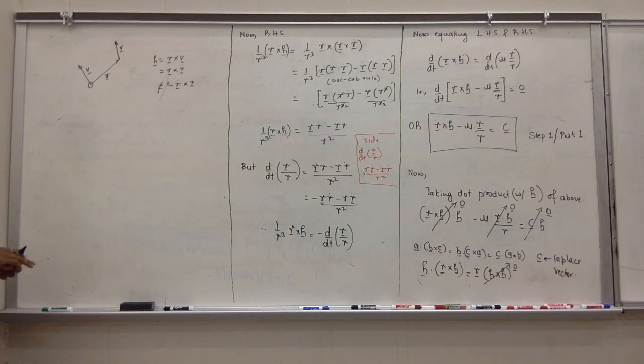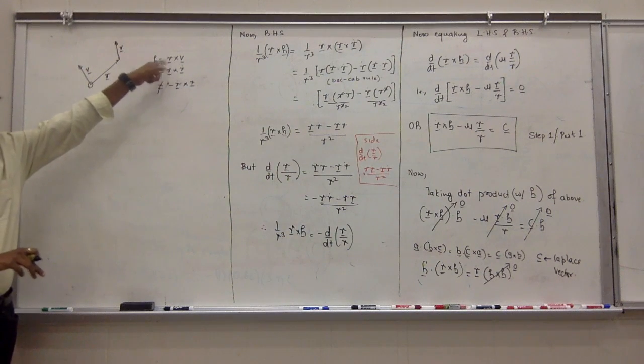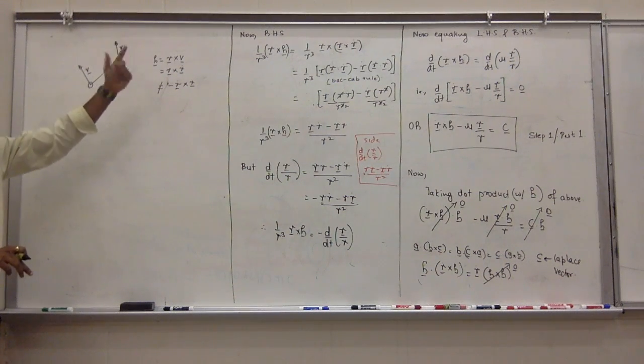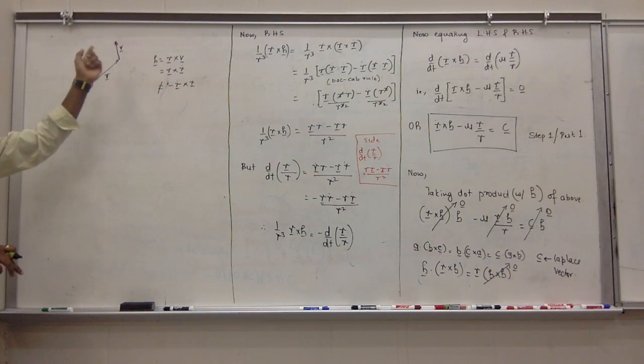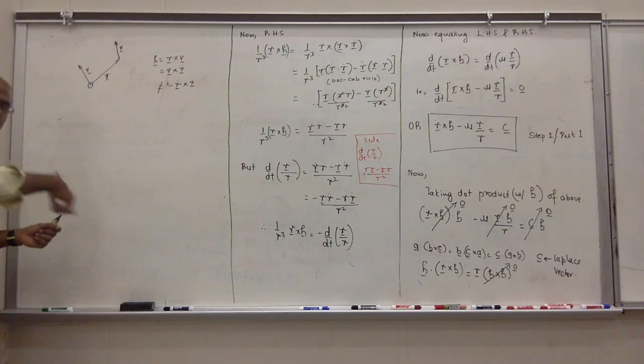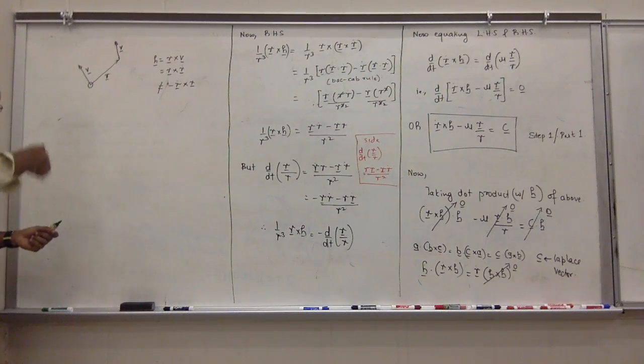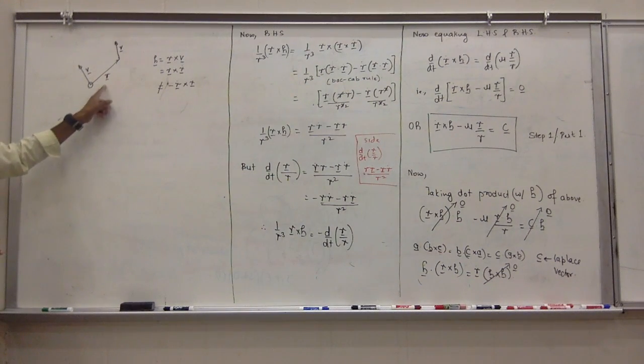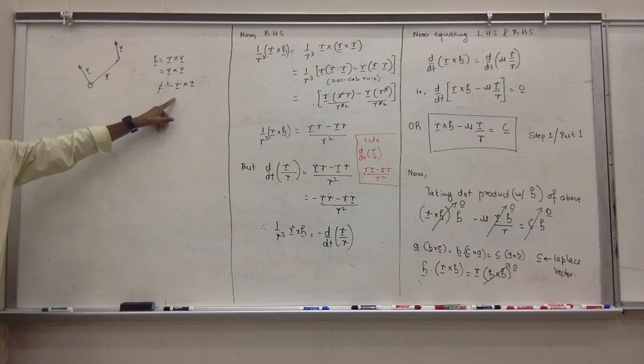Got it? Because then that would be clockwise. So if the orbital motion was in this direction, H is in that direction. This H always defines the motion.